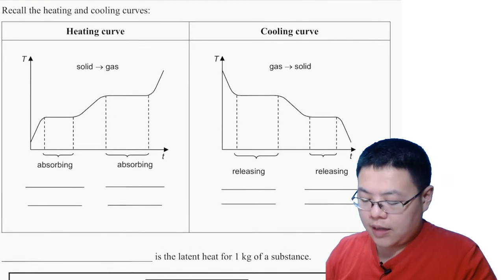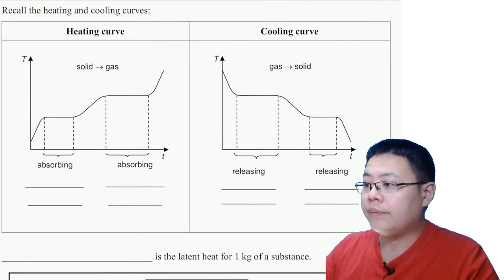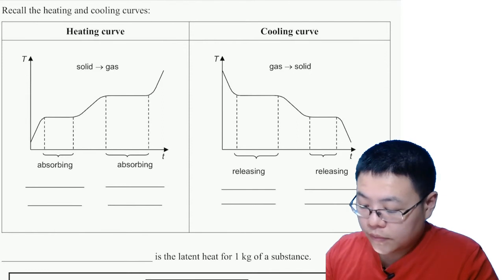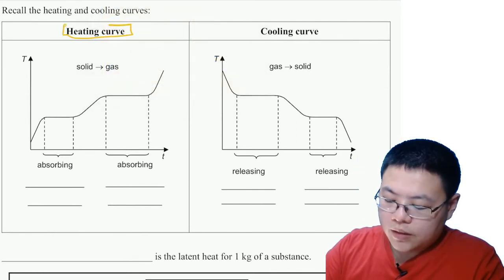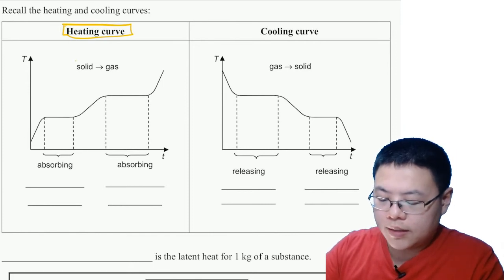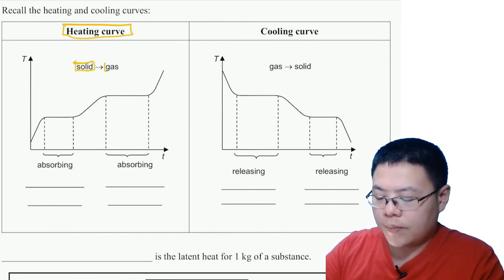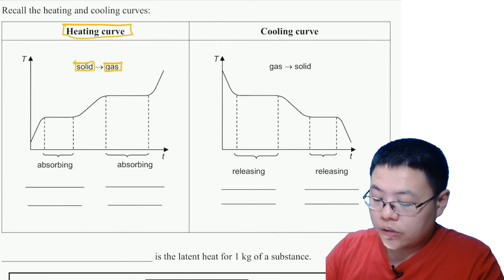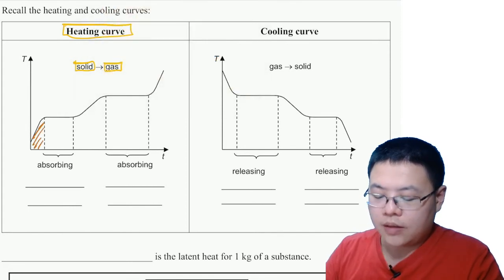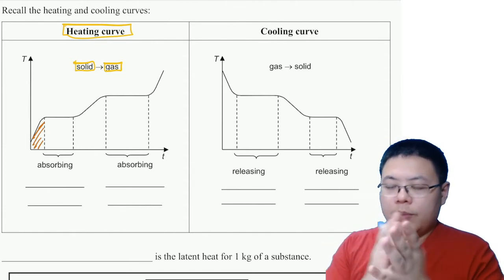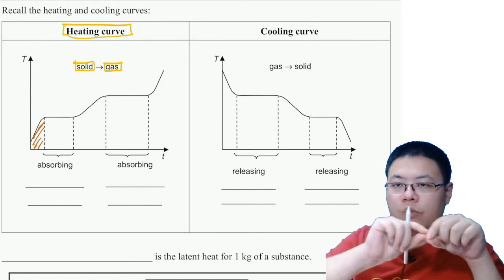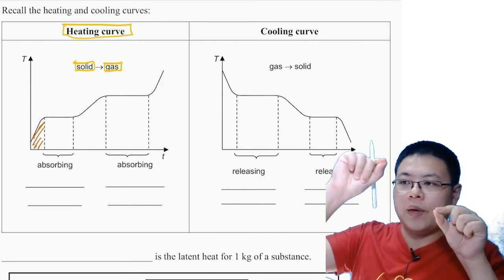Let's have a look here. This curve is called the heating curve. It shows the change of state from solid to gas. So in this region, the thing is in solid form, and since it is being heated up, the temperature will increase and climb up.